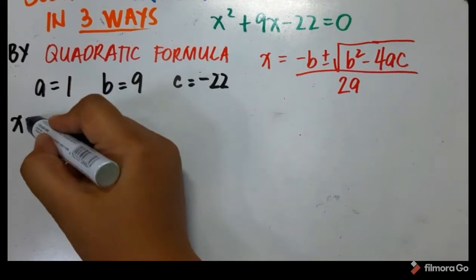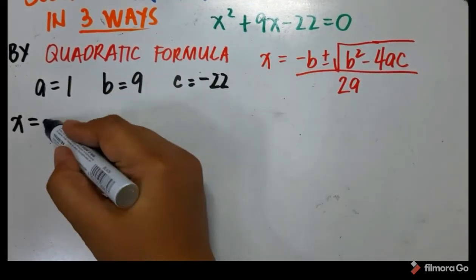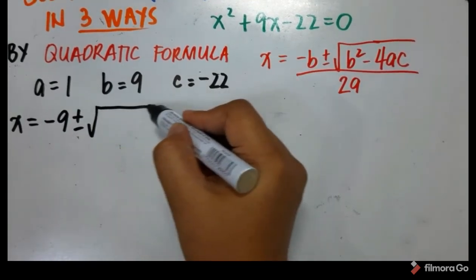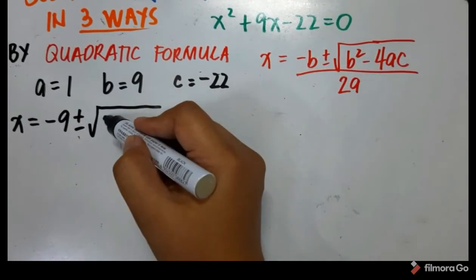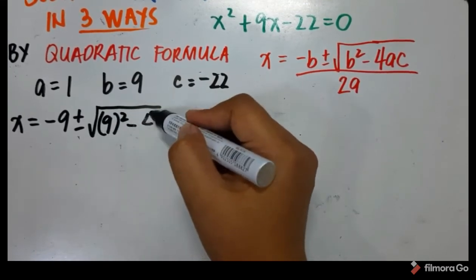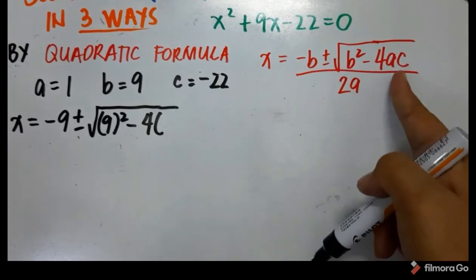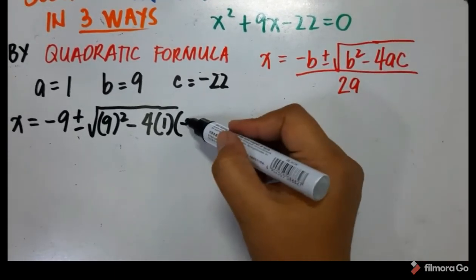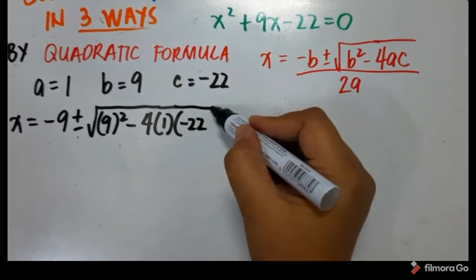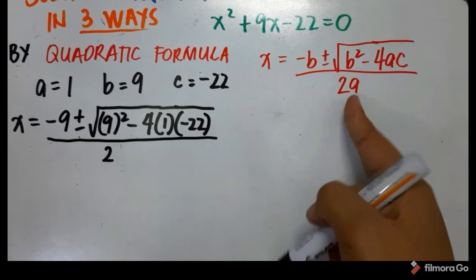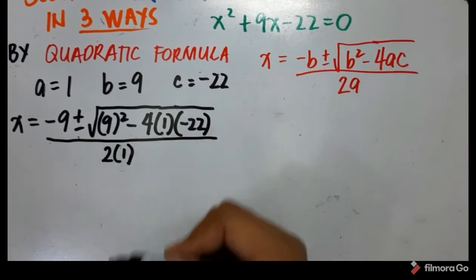So x is equal to negative the value of b, 9, plus and minus the square root of the value of b, positive 9, squared minus 4 times the value of a, 1, and the value of c, which is negative 22, over 2 times the value of a, 1.